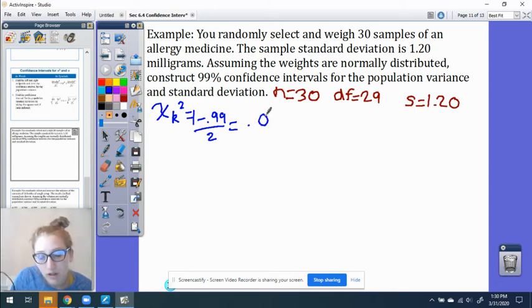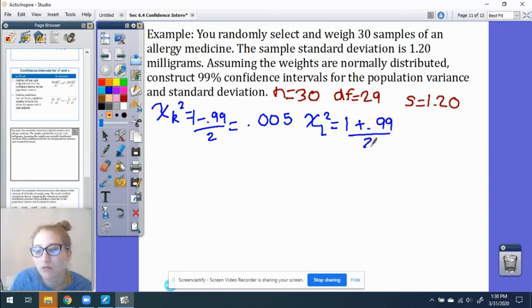All right, so if you do that, you're gonna get 0.005. Let's do the other one. Left one. And this is going to give me 0.995.